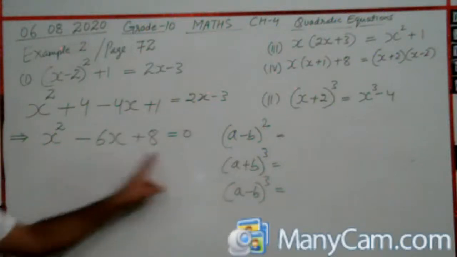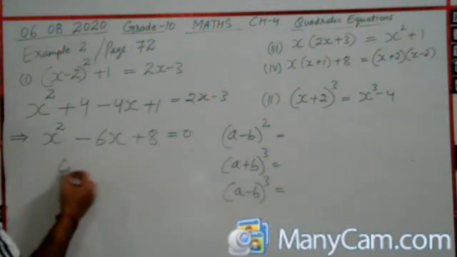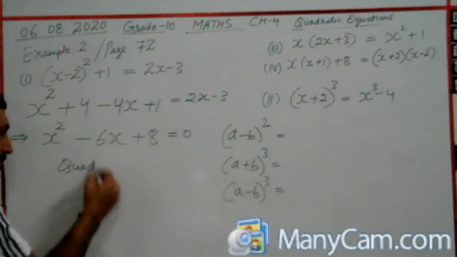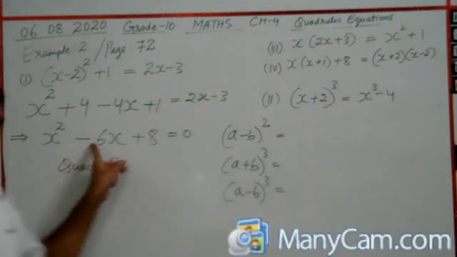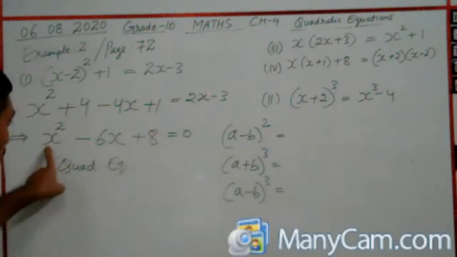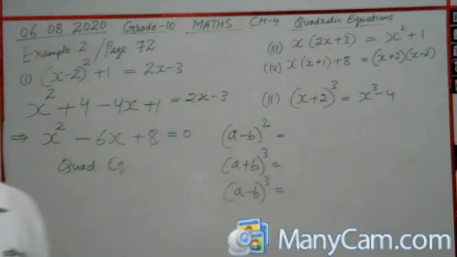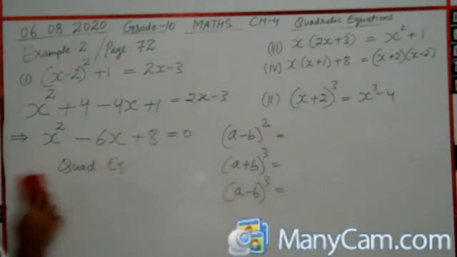So this equation is the quadratic equation, because ax square, x square minus 6x plus 8 is equal to 0. Similarly, we can solve the other parts also.